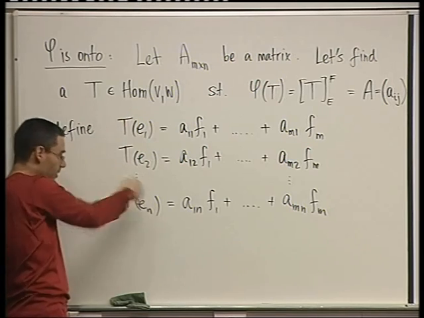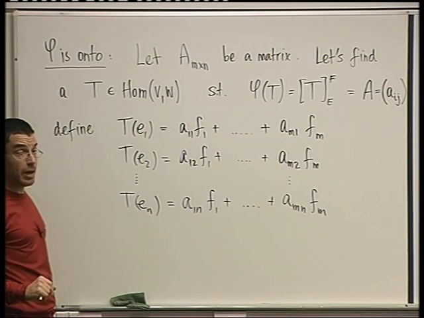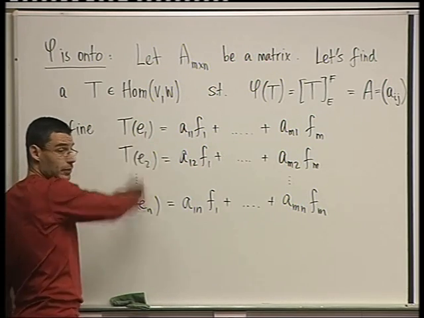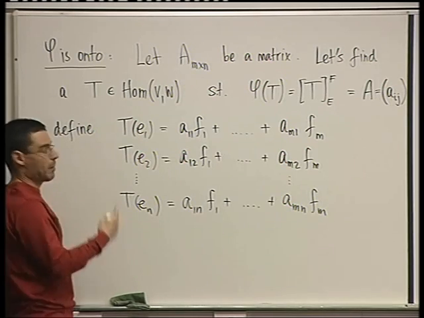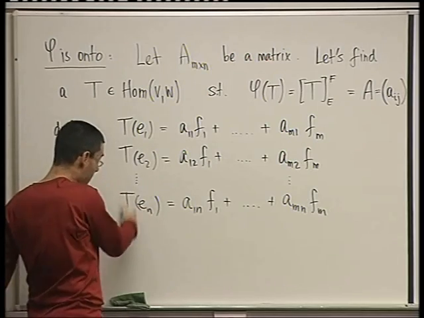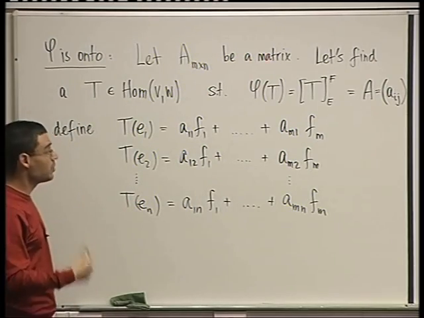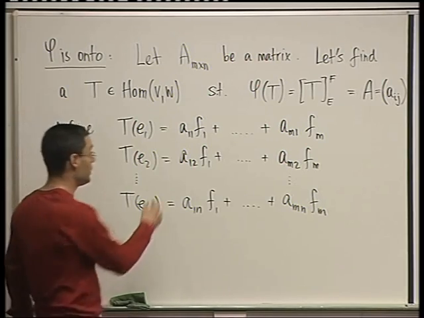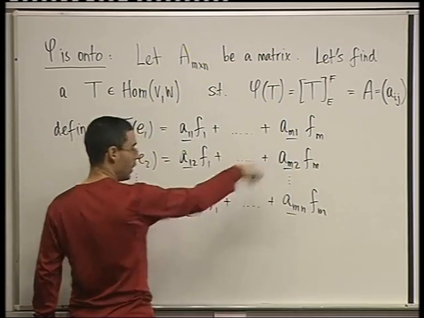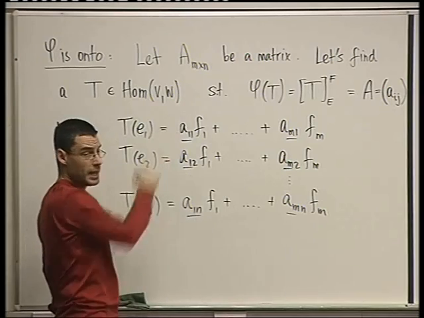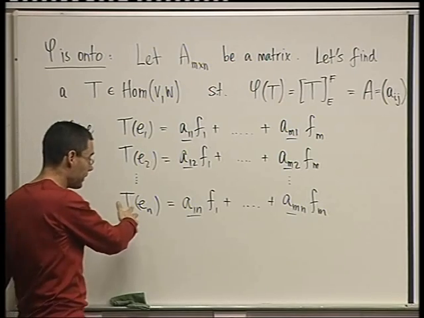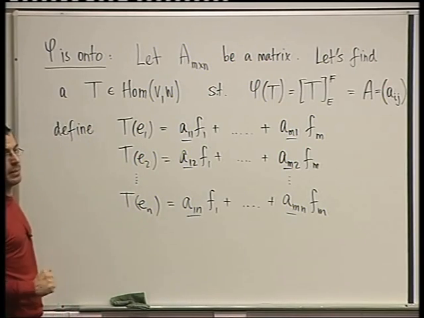I'm defining what it does to basis elements of the domain, of V. Okay? So if T does this, what is going to be the matrix representation of T? It's take the coefficients, all of them, transpose. That's A. Do you agree? That's how we construct a map whose matrix representation is a given matrix.